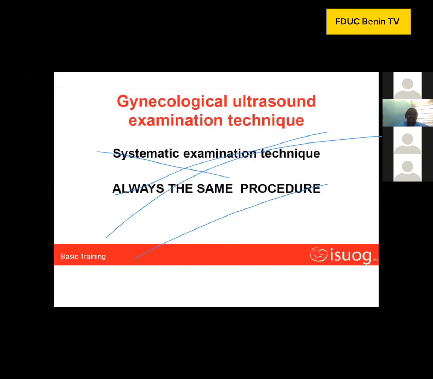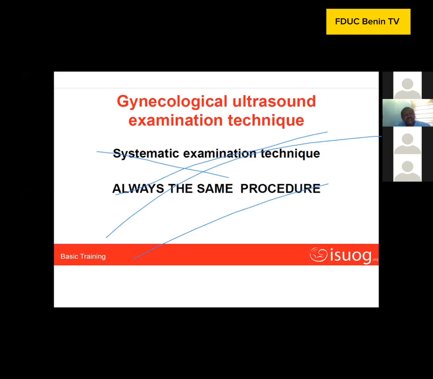So at least one thing I want you to take away from here, the most important thing really, is for you to have a systematic examination technique using the same procedure always. Always perform your scans in exactly the same manner, looking at all the organs in exactly the same order. Why?